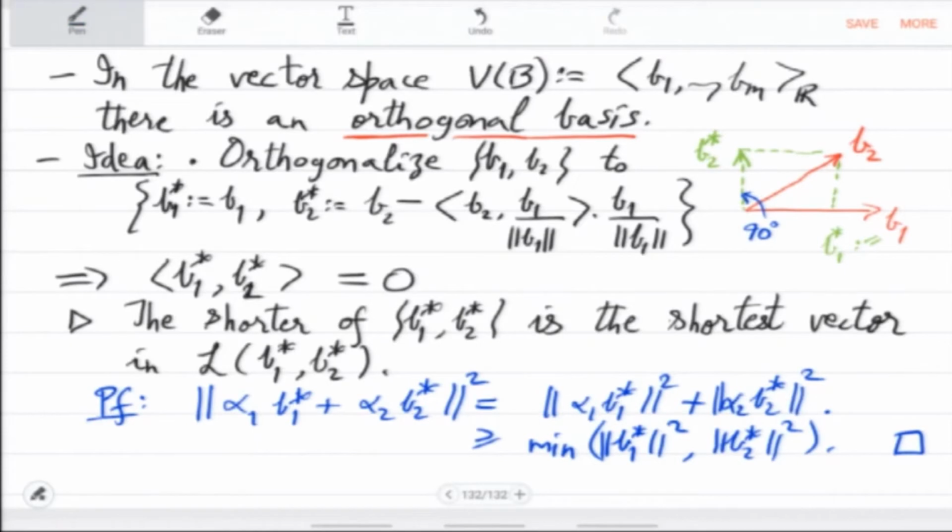When you are given an arbitrary basis of a lattice, there may not be an orthogonal basis. That's the issue. The lattice B may not have an orthogonal basis.